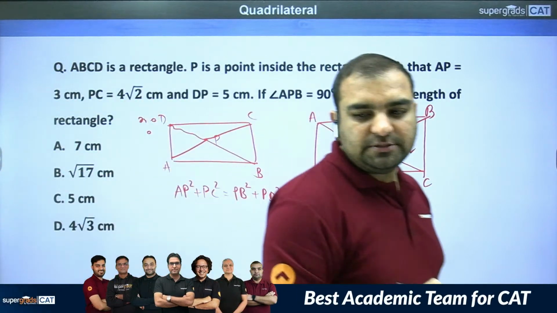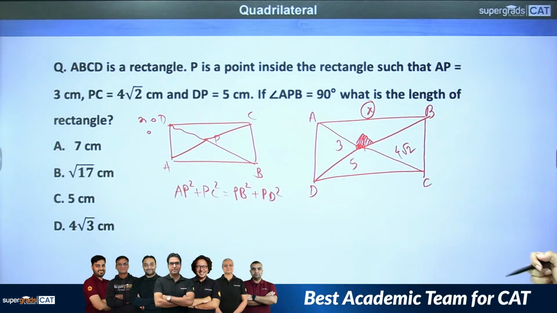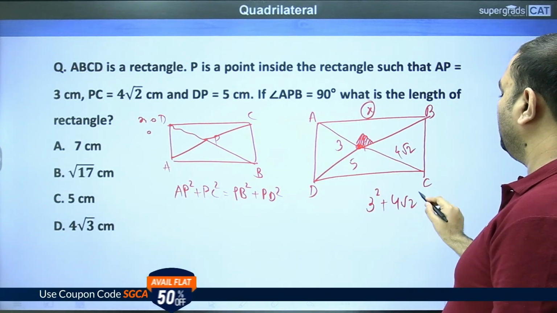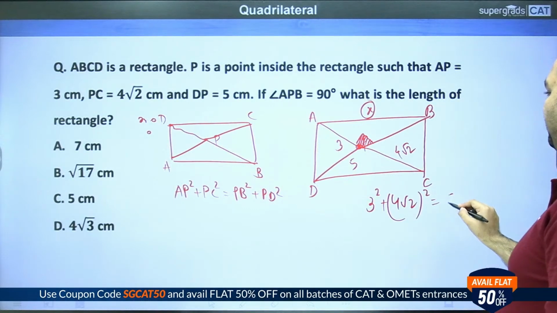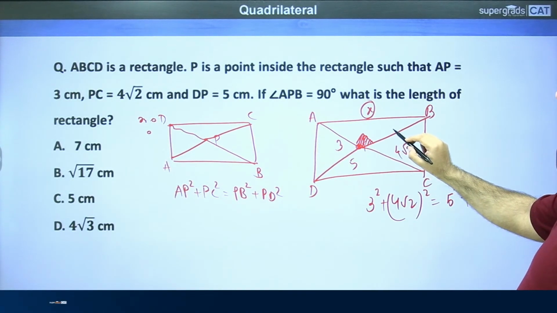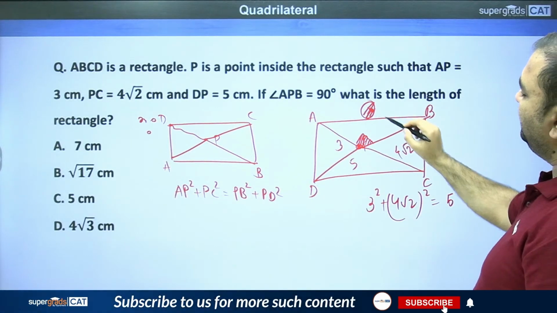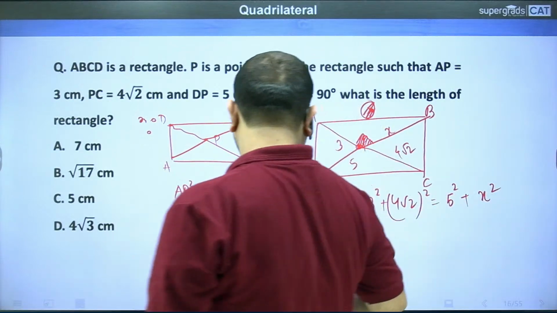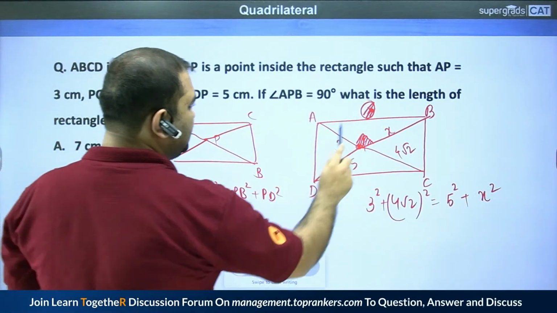So 3 square plus 4 root 2 square should be same as 5 square plus this. What do you say, what name should we give it? Not length, let's give it the name x.